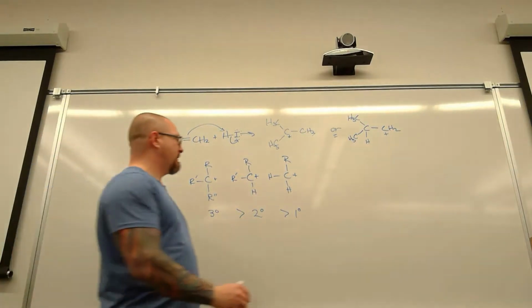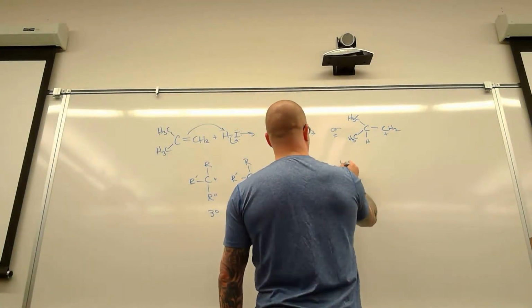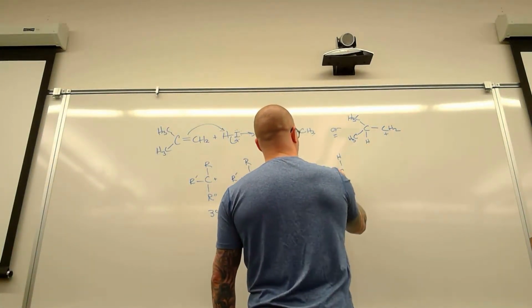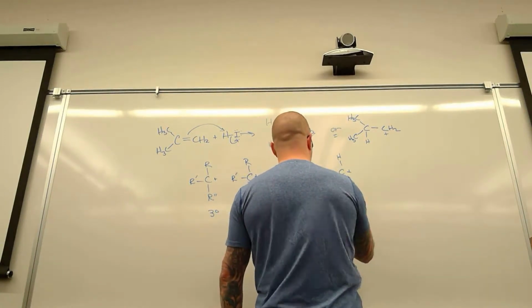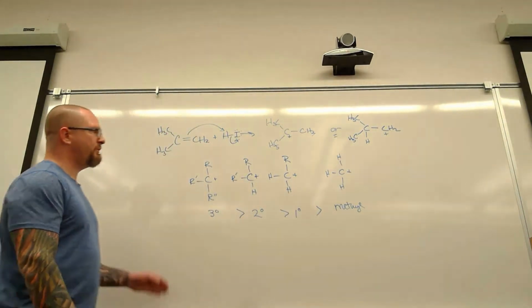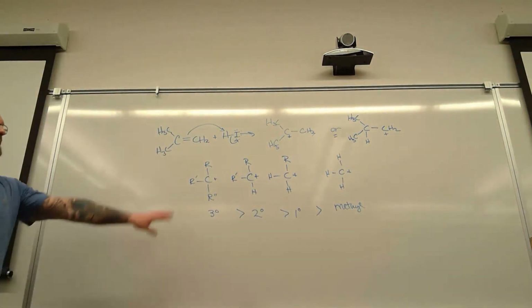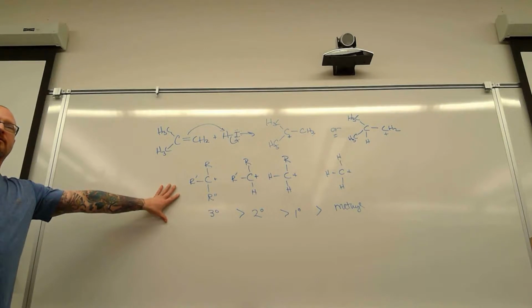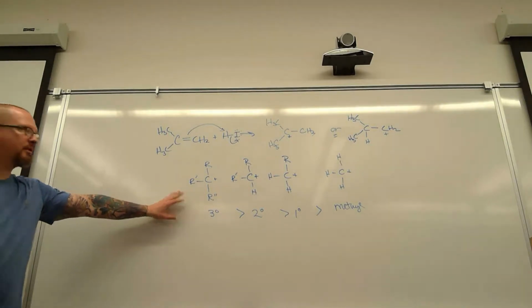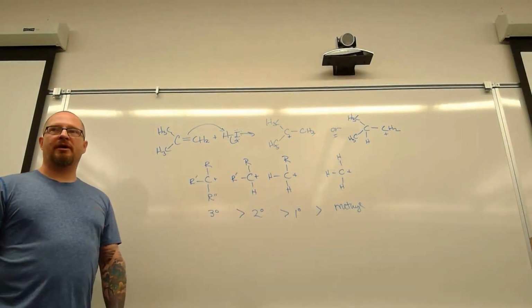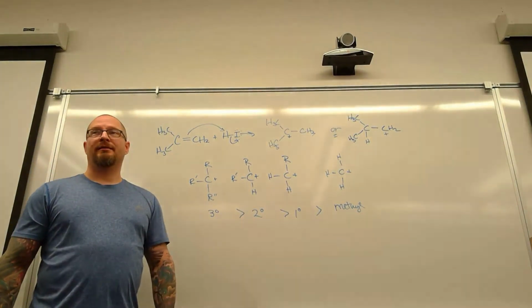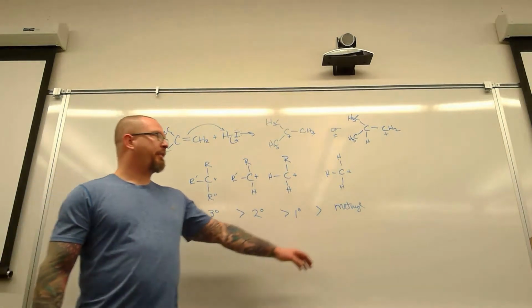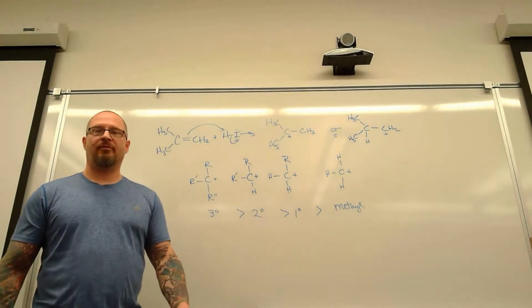And if, worst case scenario, it has no R groups, this is a methyl cation. So this is the order of stability, with tertiary carbocations being by far the most stable, secondary being moderately stable, primary not being stable, methyl being even more not stable.